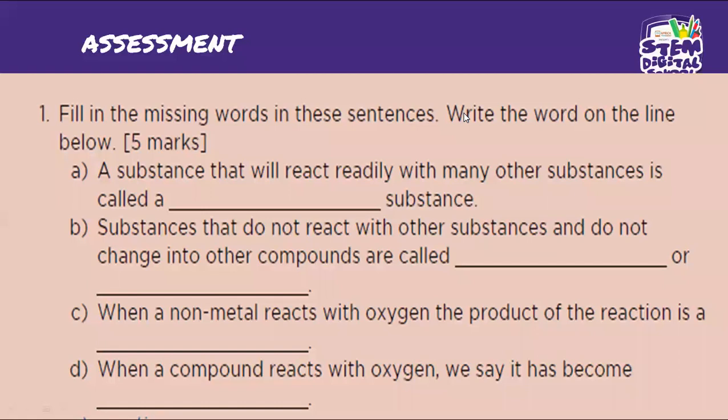So just try to infer. If metals react with oxygen to give you metal oxide, then non-metals reacting with oxygen will give you what? Okay. Most people, I hope you got the clue there. All right. Should I give you the corrections so that you will mark, or should we proceed to question 2?